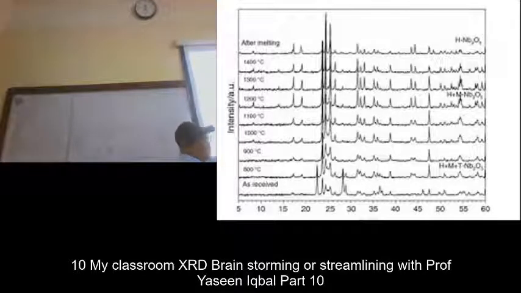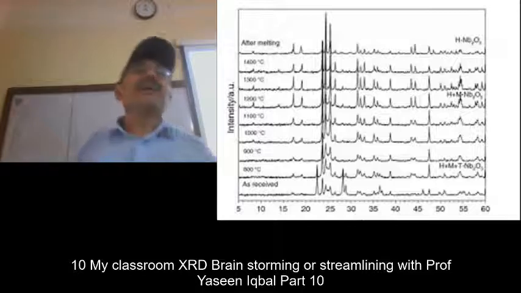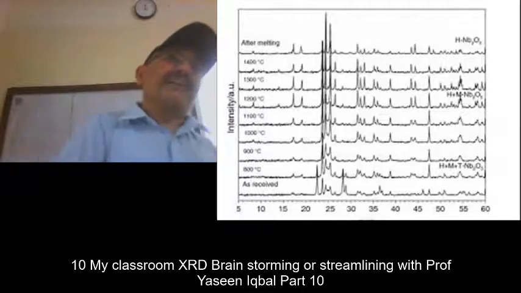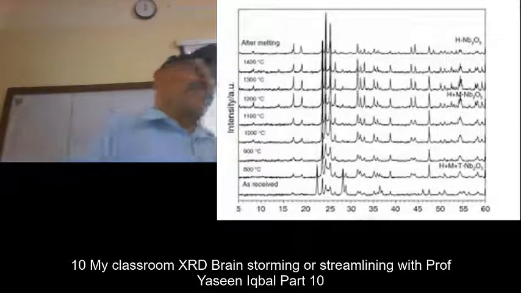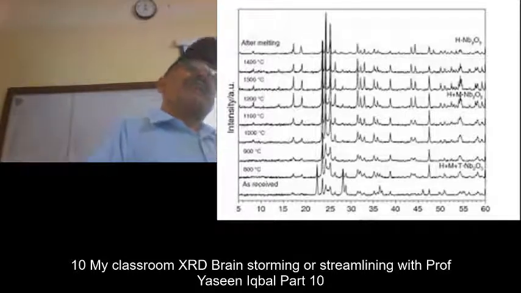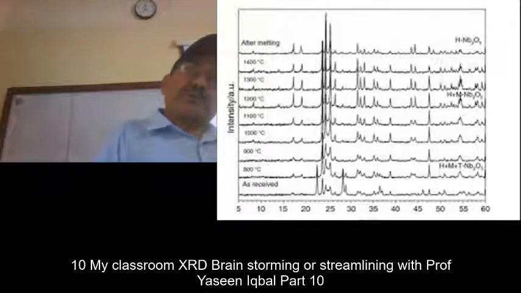So when you heat the sample at 800 and this peak is absent, or much decreased in intensity, you say, not at 800, at some temperature below 800, this phase dissolved or transformed into other phases.